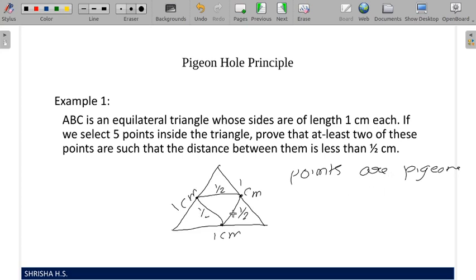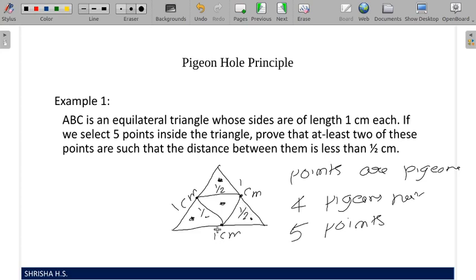How many pigeon nests are there? 1, 2, 3, 4. So 4 pigeon nests, or pigeonholes, are there, and 5 points, that is 5 pigeons, are there. So how do we fit them in? We will distribute one each.